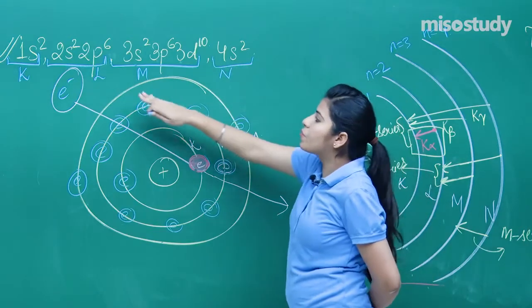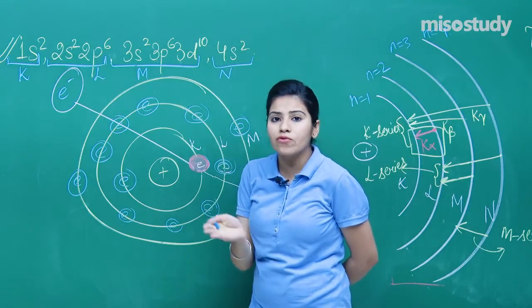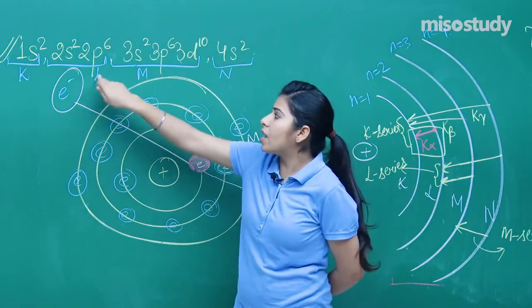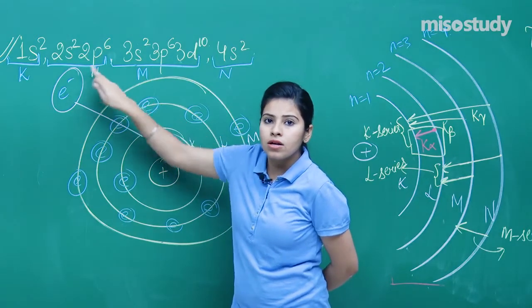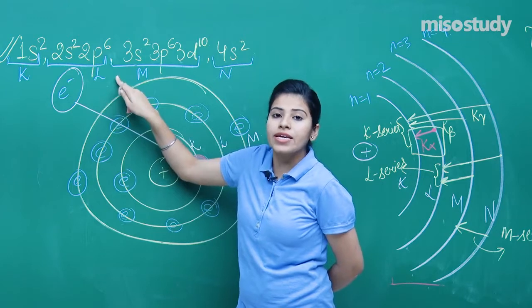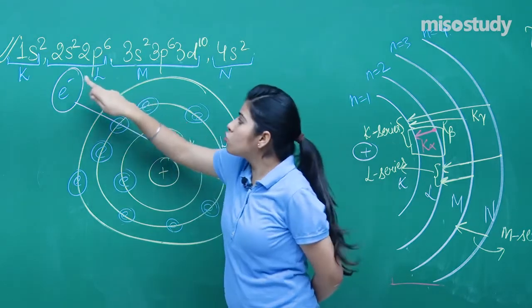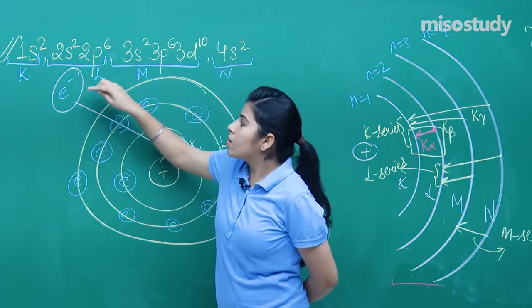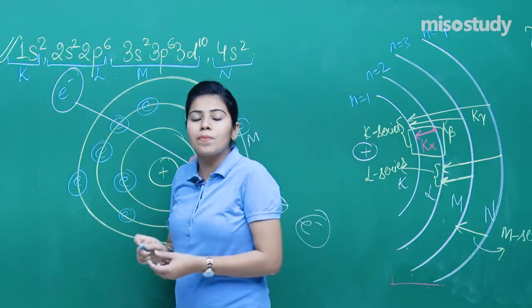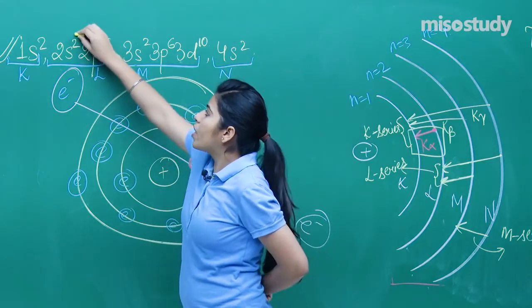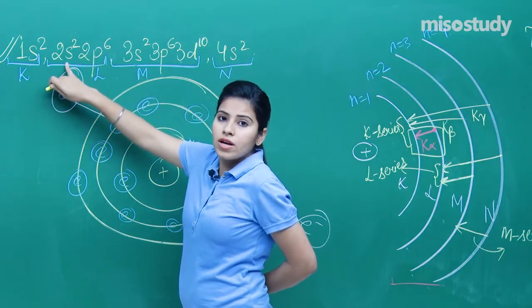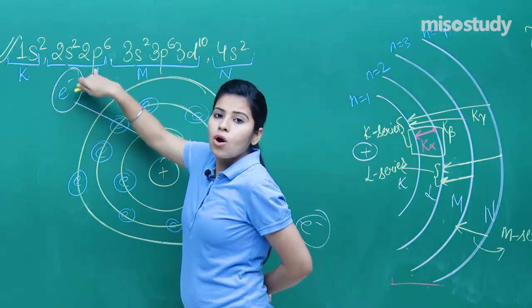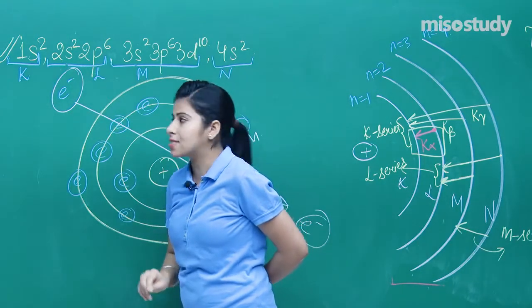And I was saying that it is coming from the L shell, that means the electron must be removed from this shell for the K alpha emission. Now to remove this electron, we should know from where to remove the electron, whether it will be removed from 2s2 or from 2p6.